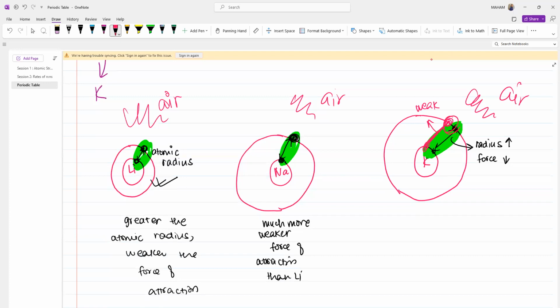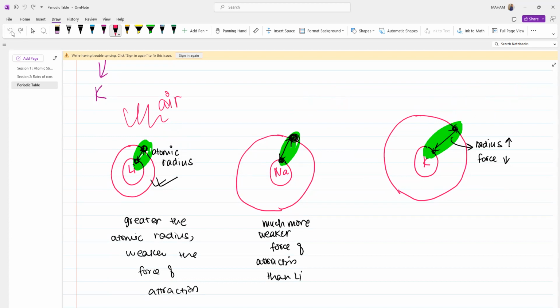That means this electron will easily be able to react with the air around. The more the force of attraction is strong, the harder it is for the electron to react with air around, right? Here your force of attraction is strong, here it is weak, here it's weaker. So when the force is weaker, it's going to react more readily, which means the reactivity is going to increase.